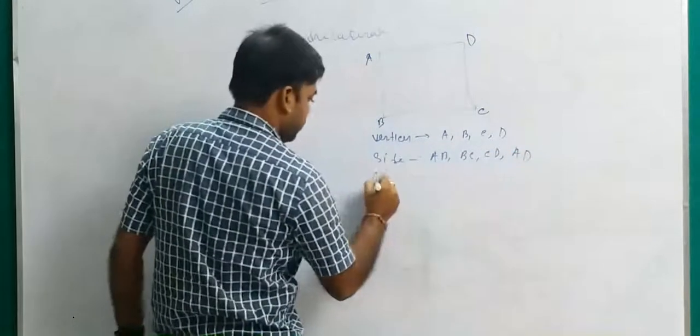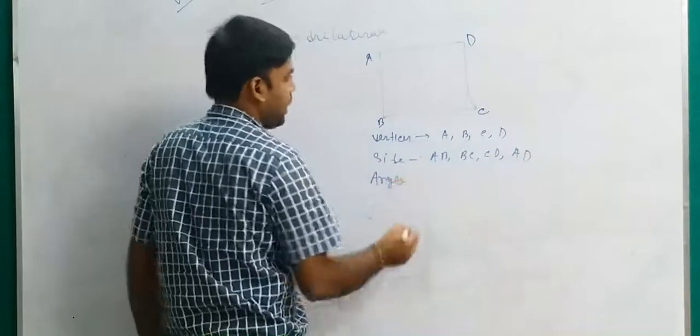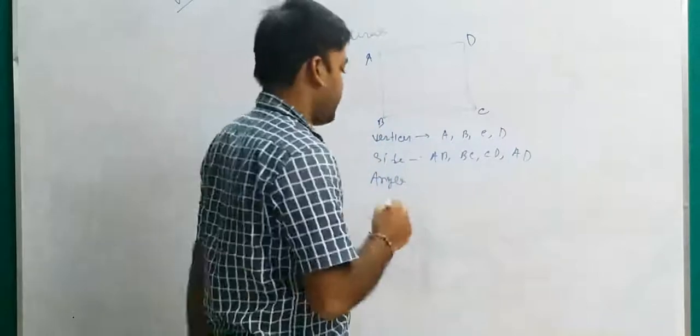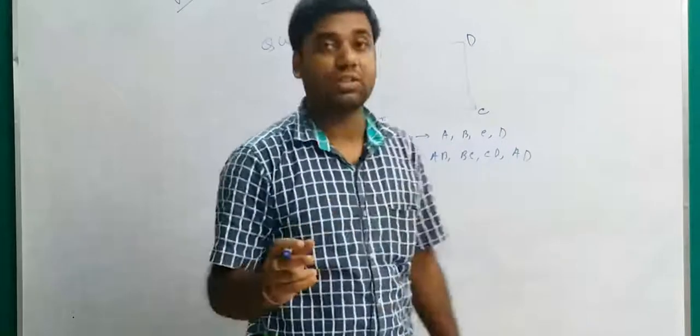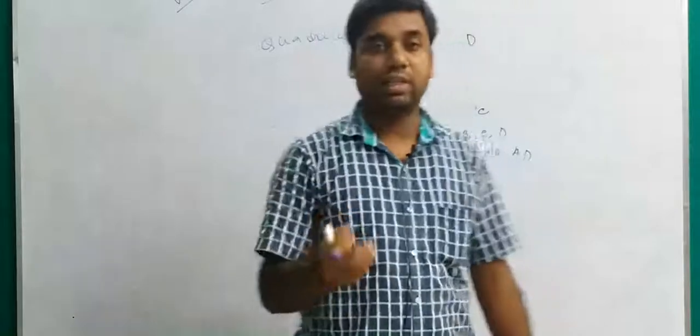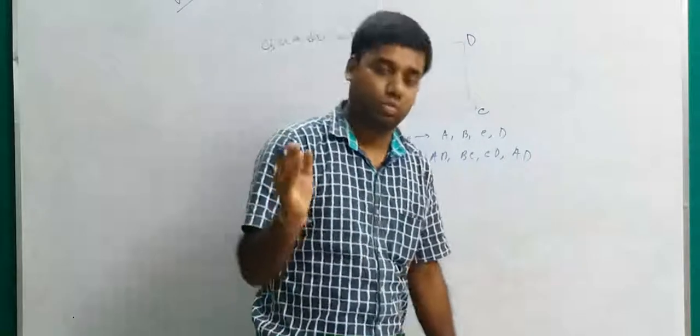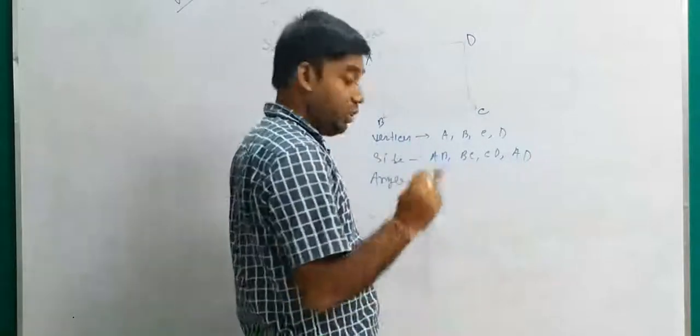How many angles are there? 4 angles are there. Listen, in a triangle the sum of the 3 angles is 180, and in a quadrilateral the sum of the 4 angles is 360.